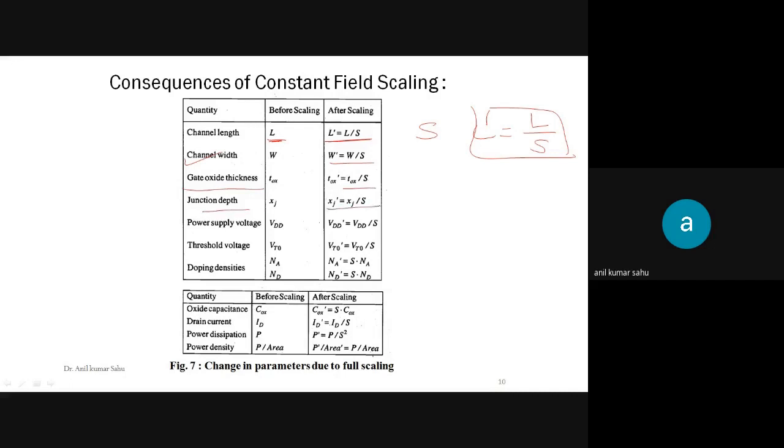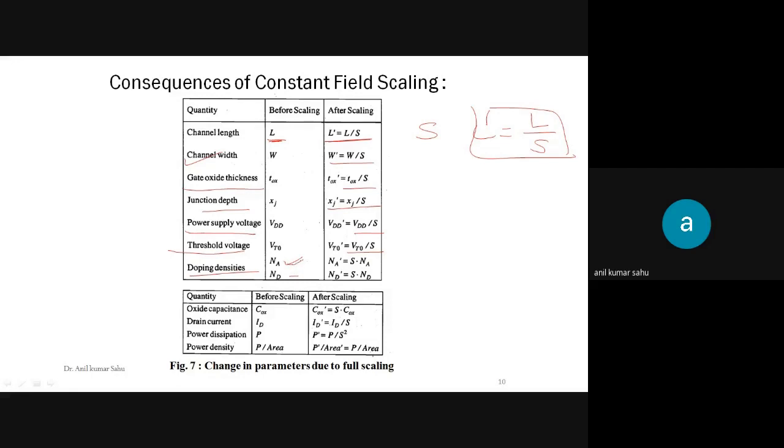Junction depth can be divided by the factor of S. The power supply voltage can also be divided by the factor of S. The threshold voltage can also be divided by the scaling factor of S. And for the doping density, there are Na and Nd.